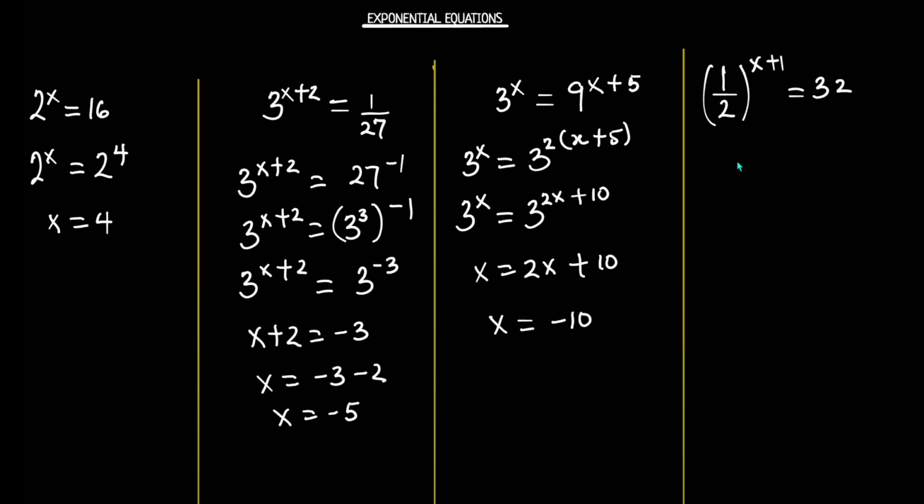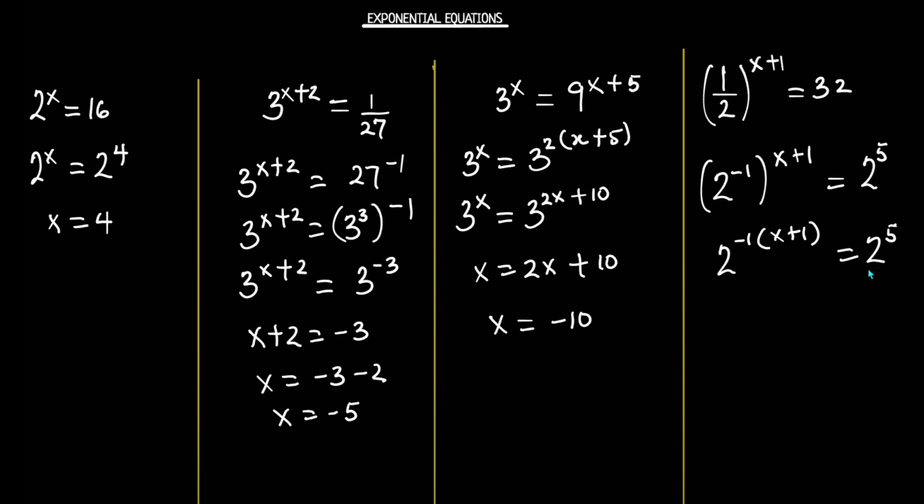The last one. This will have to be re-expressed as 2 to the power of negative 1 times x plus 1. Now we can take our 32 and express it as 2 to the power of 5. Now when you do the multiplication, this becomes 2. Basically what it translates to is negative 1 times x plus 1 equals 5.